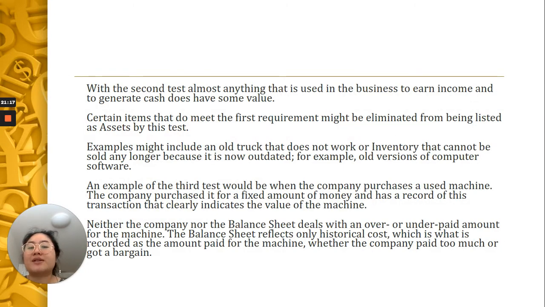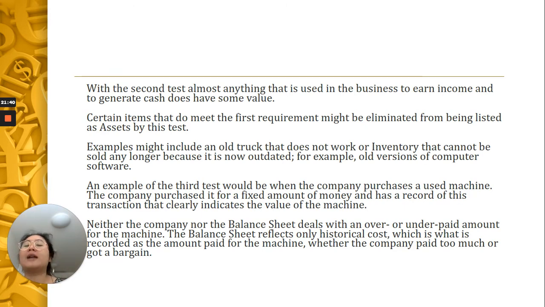With the second test, almost anything that is used in the business to earn income and generate cash does have some value. So certain items that do meet the first requirement might be eliminated from being listed as assets by this test.